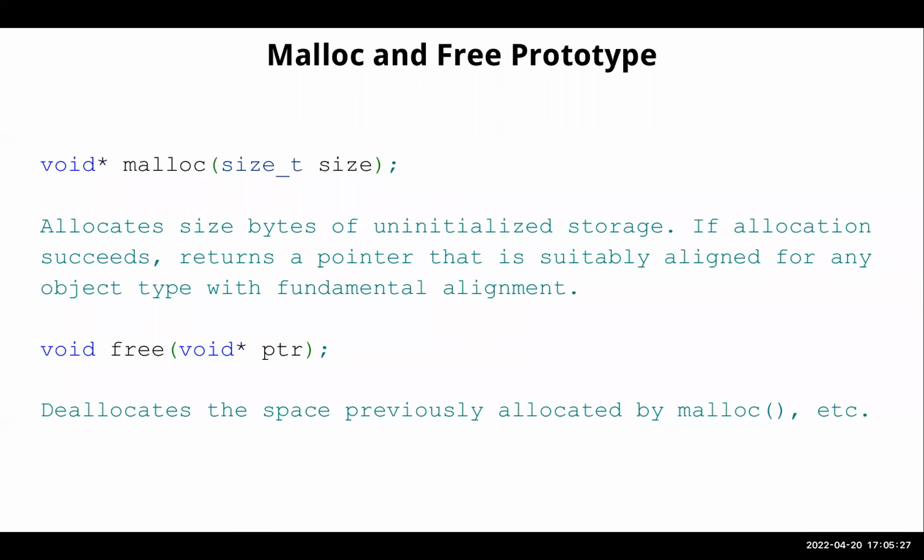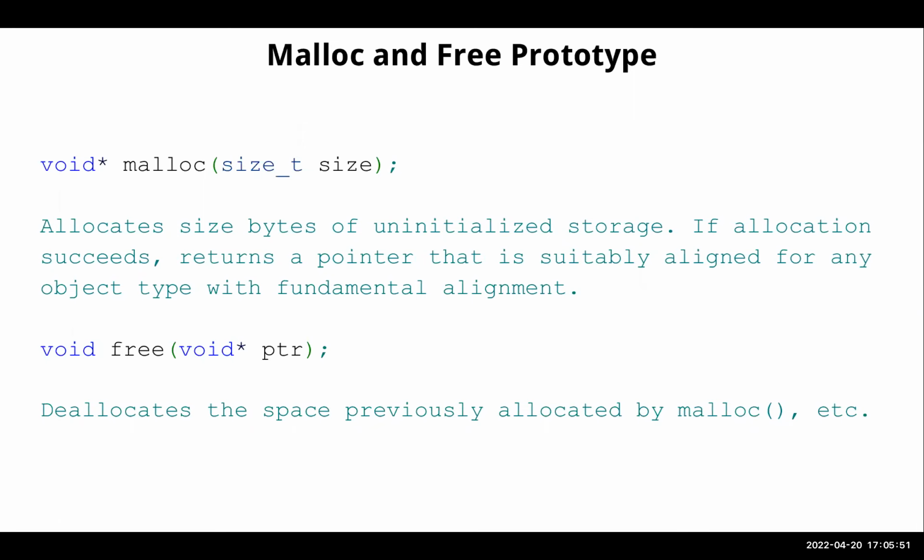If the allocation succeeds, this function will return the pointer for you to use. The pointer is basically the address for you to use. When you are done with the buffer you asked for, you have to free it.